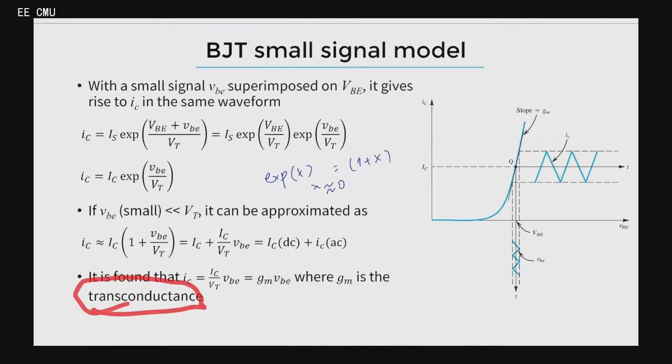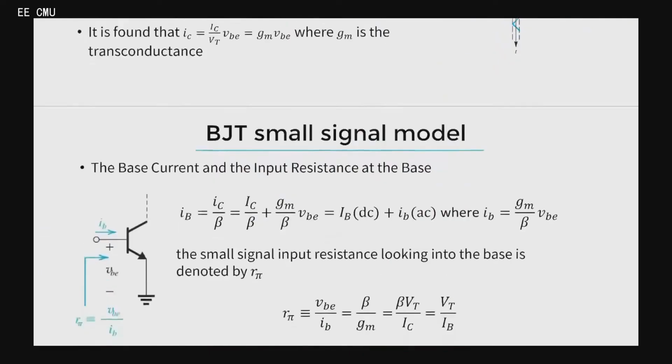So it's a variable called transconductance. Trans refers to the transfer, meaning from input to output. This is the output current, right? VBE is the input, so it's transconductance. Conductance is the reciprocal of R. So we get that this gm is equal to IC divided by VT. You can see that this is the reciprocal of R, right? Because it's current divided by voltage.